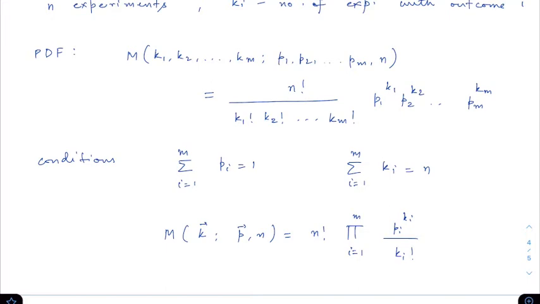Now, to calculate expectation values, we make use of the binomial PDF. Basically, if we are considering, let's say, a histogram which has m bins, we draw a histogram.